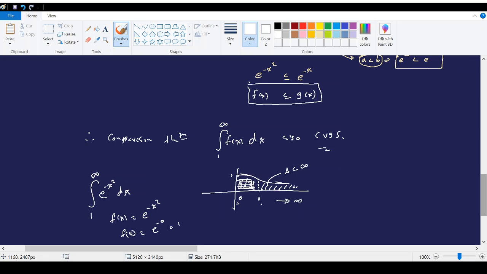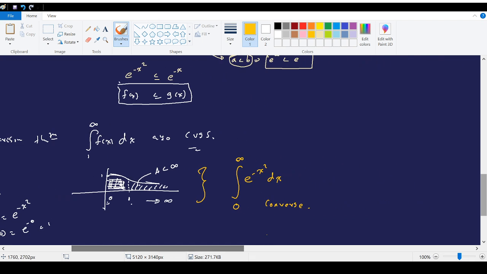That means, taking both these facts into account, we can say that the area from 0 to infinity of e to the power negative x squared is also finite. In other words, this integral will also converge. Now here we used several facts, right?